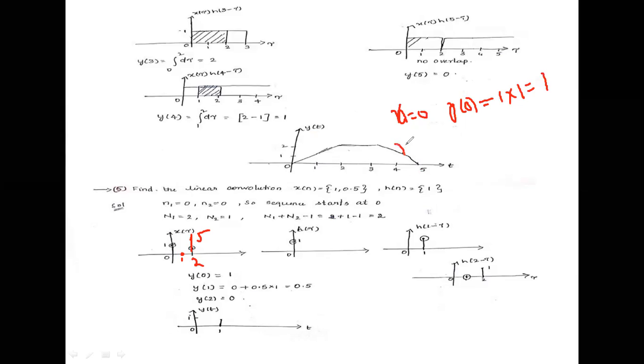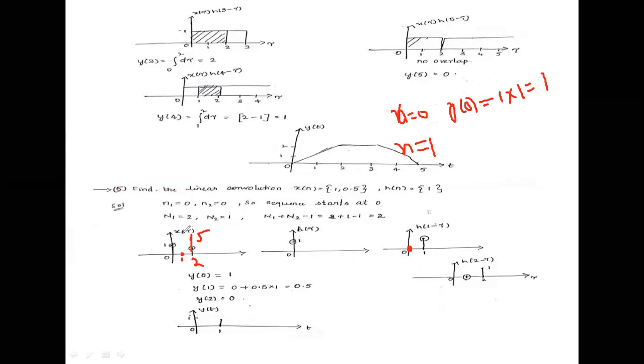And next, the value n is equal to 1. N equal to 1 means here h of n minus tau: adding the value 1 minus tau means you shifted one sample toward the right side. Multiply the two functions. There is no change in x of tau, my dear students.